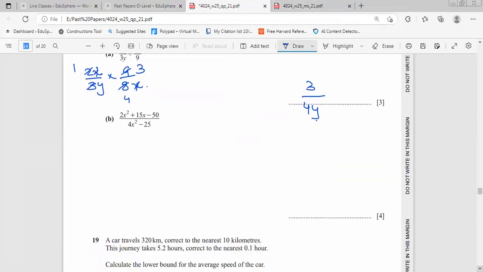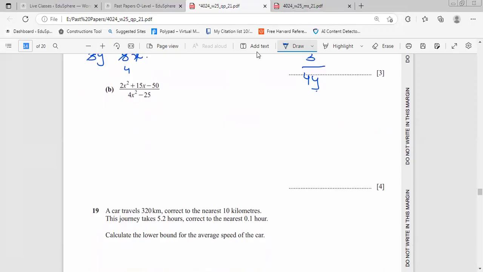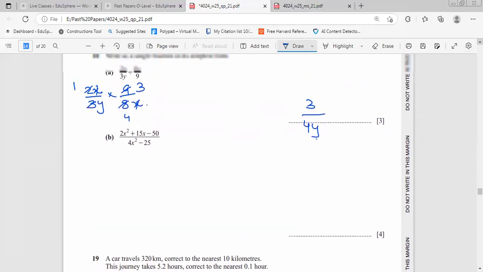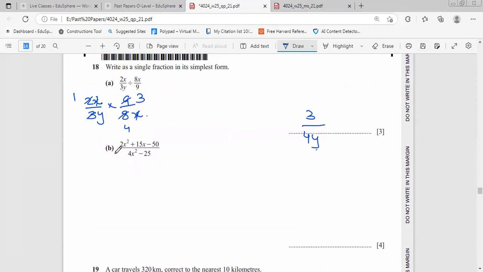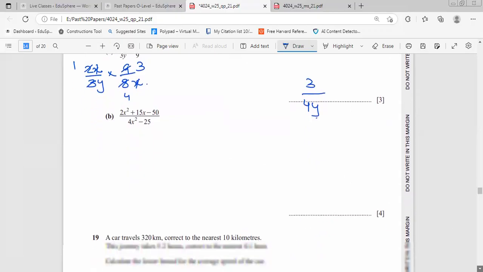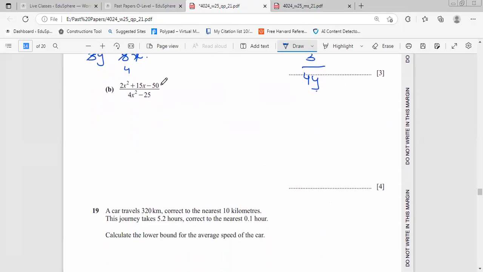Now let's move on to this question where, again, we have to simplify. Whenever we are simplifying, it means we have to factorize. We have to factorize the numerator separately and the denominator separately.